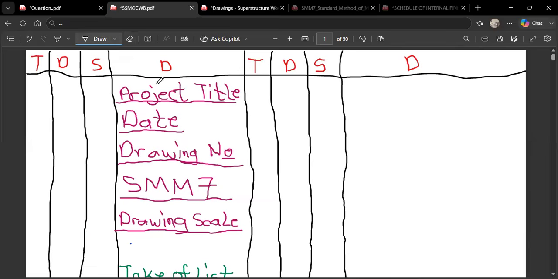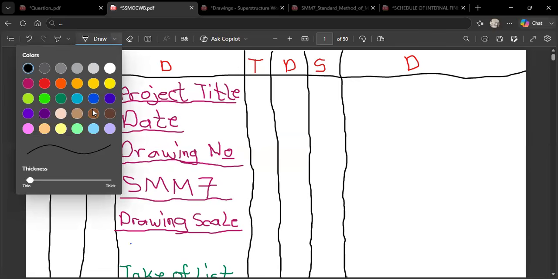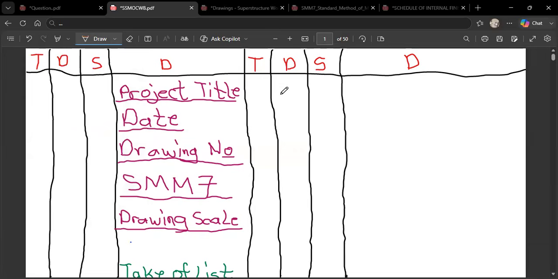The answer we had is what I told you: this is the answer column, this is the dimension, this is the squaring column and this is the description column. The total length we had over there is 49.00, so I'm going to put that in there.